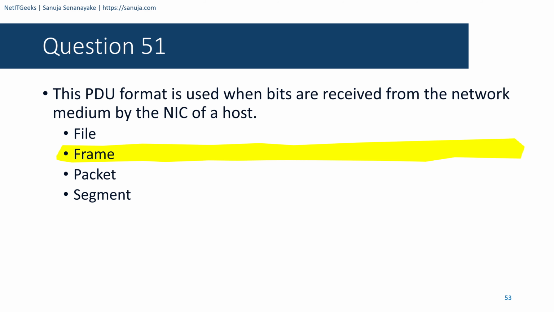So they are referring to the frame. A file is a data structure that uses the application layer, right? So the bits are received from the network medium as a frame. That's the answer to question number 51.